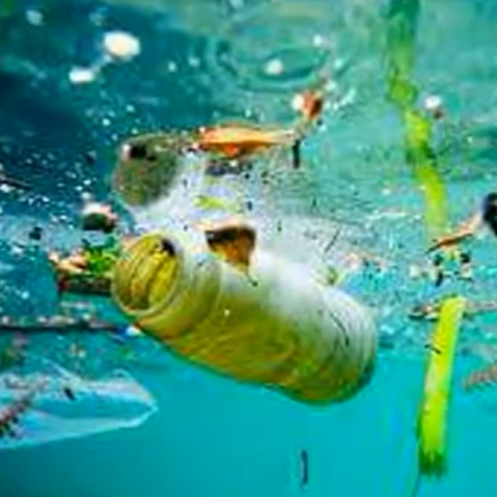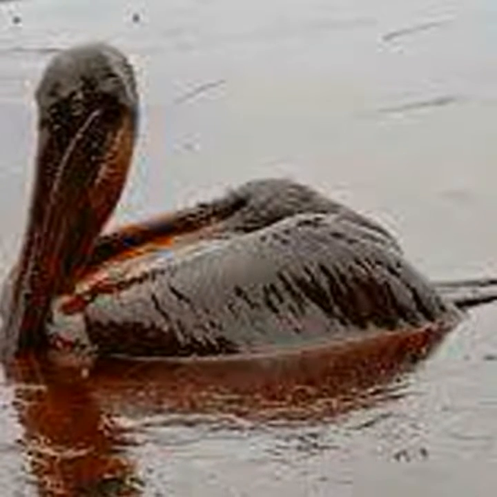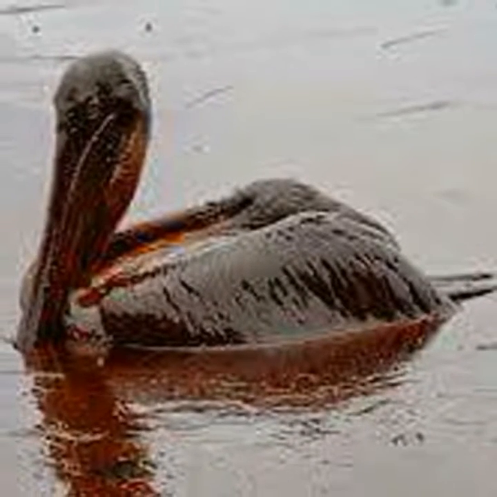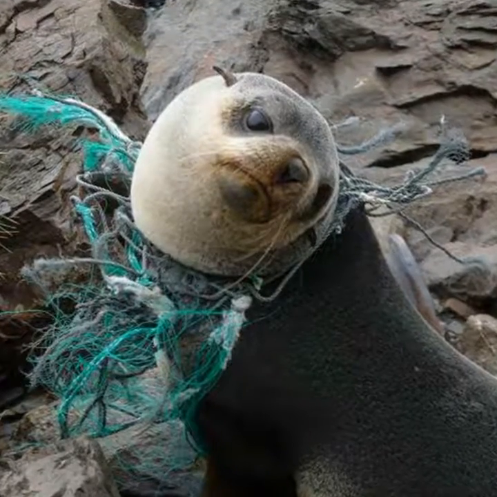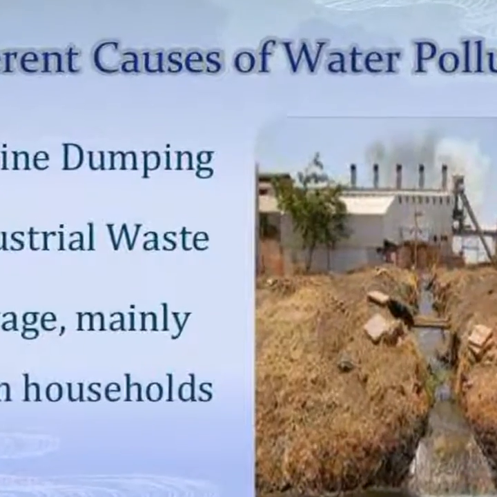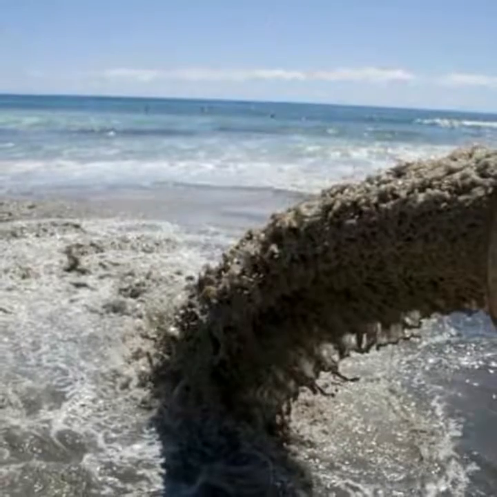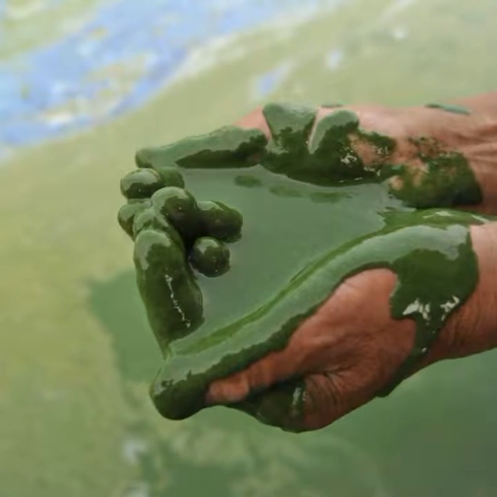There are also two different ways in which pollution can occur. If pollution comes from a single location, such as a drain pipe attached to a factory, this is known as point source pollution.